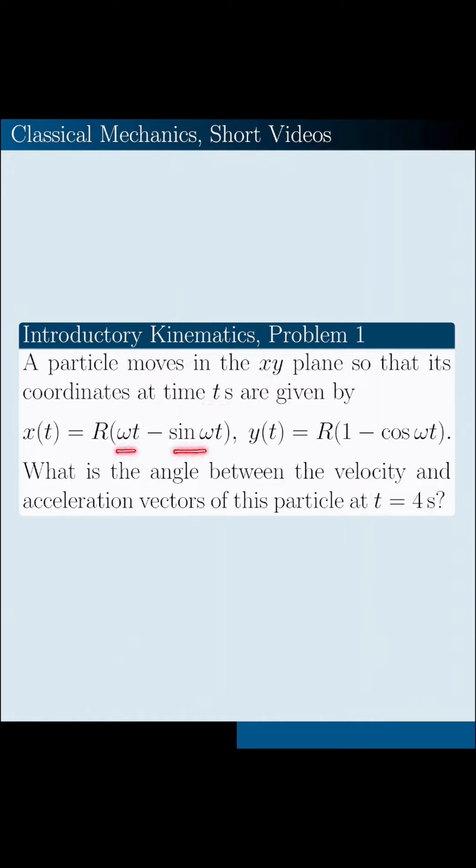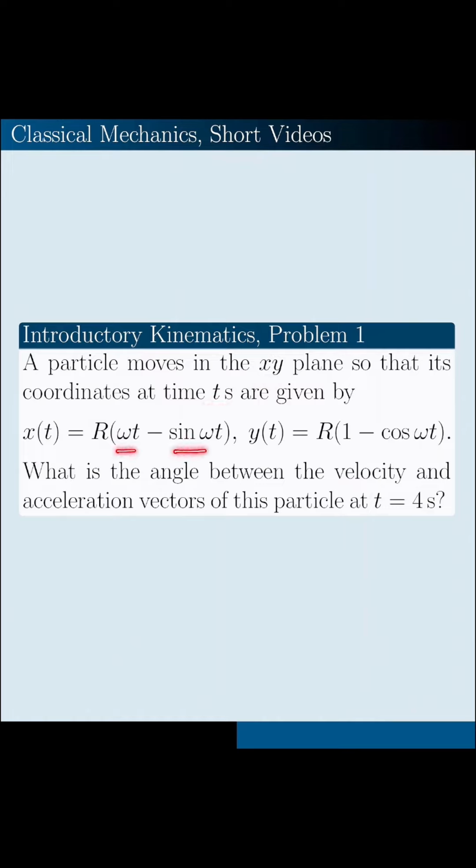So the derivative of x with respect to t is r omega minus omega cosine omega t, and the derivative of y with respect to t is r omega sine omega t. For simplicity, I can factor r omega out, and then I will have 1 minus cosine omega t and sine omega t. This is the velocity vector at time t.